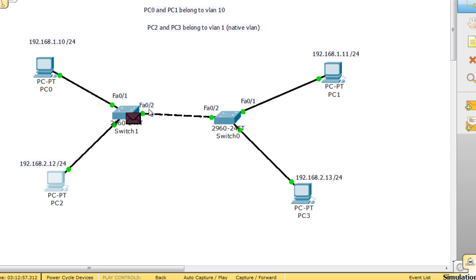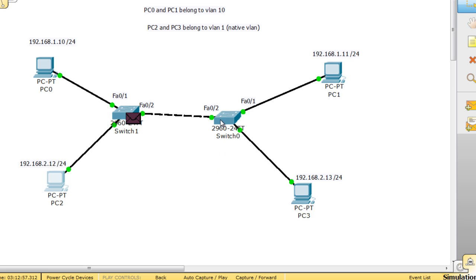What I mean is, if I have native VLAN configured on FA0/2 as VLAN 1, I have to configure up here on switch 0 FA0/2 native VLAN 1. You cannot mismatch the native VLAN, because if you mismatch, let's say we mismatch. Let's try to mismatch the native VLAN up here, and we're gonna see the result.